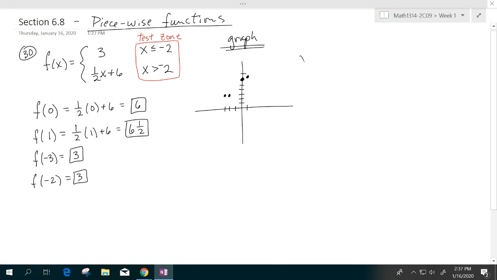And then what I'm going to do over here is write down the table that shows those points. And I'm going to start and go from smallest to biggest. Negative 3, negative 2, negative 2, negative 1, 0, 1, maybe a 2, like that.